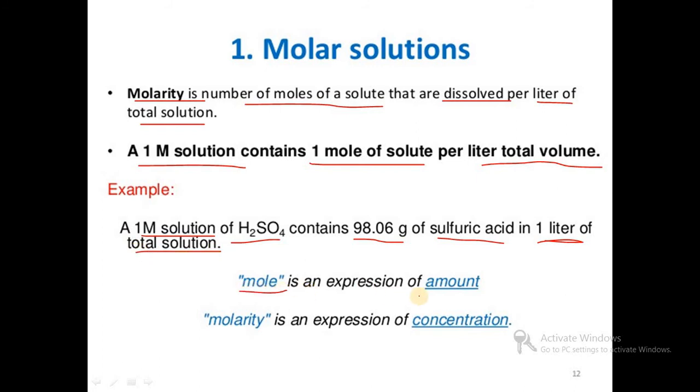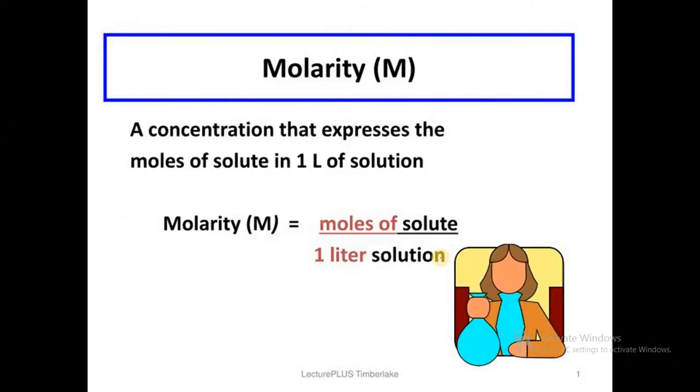Mole is an expression of the amount, while molarity is an expression of the concentration. Molarity is a concentration that expresses the moles of solute in 1 liter of solution, so molarity is equal to moles of solute per 1 liter of solution.